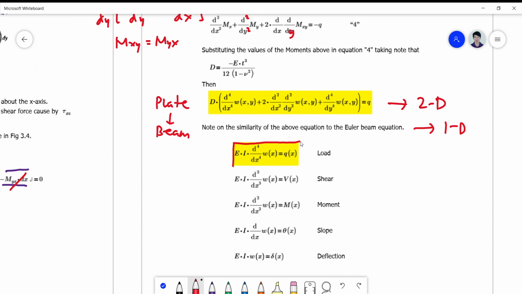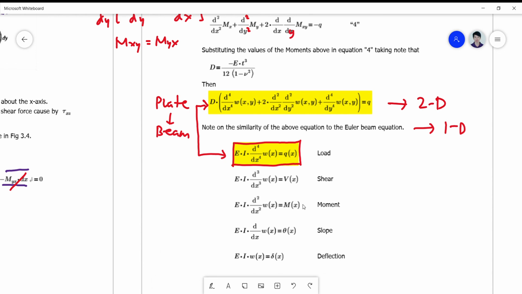This is now our equation of comparison from a plate to a beam. So this is EI, D to the fourth with respect to dx to the fourth of your load is equal to qx. So since this is only one-dimensional, you only have one variable of differentiation. Here you have two variables of differentiation. Okay, so take note of the correction there.